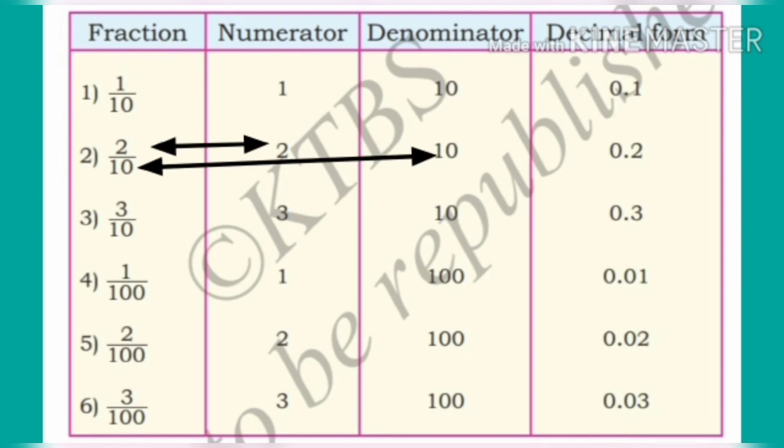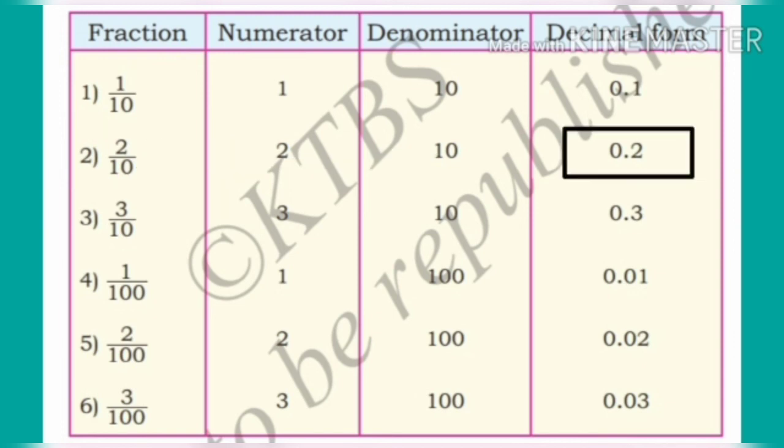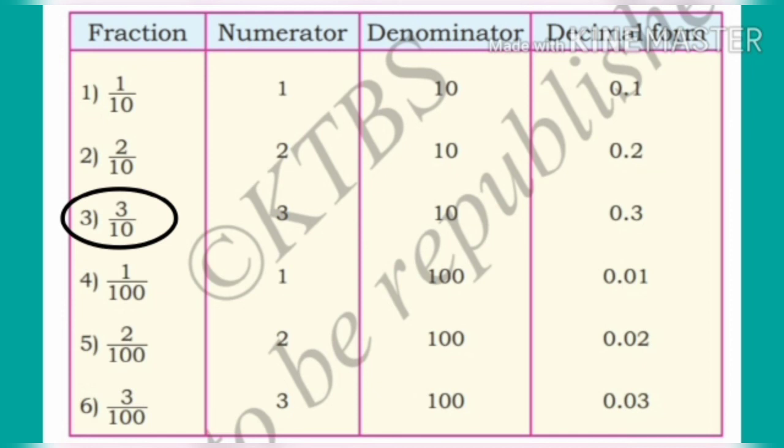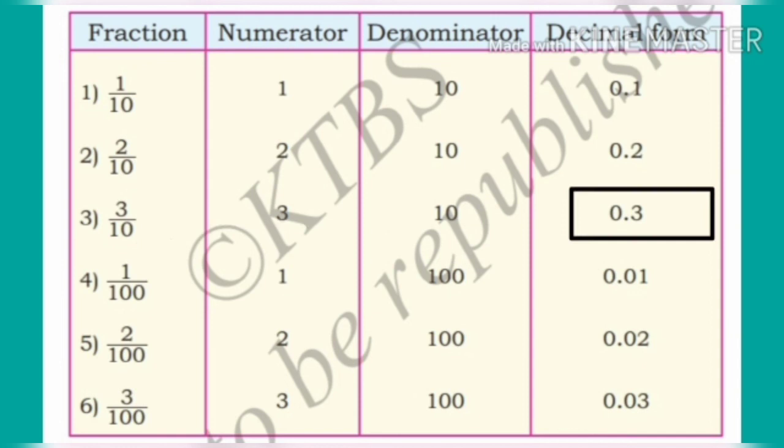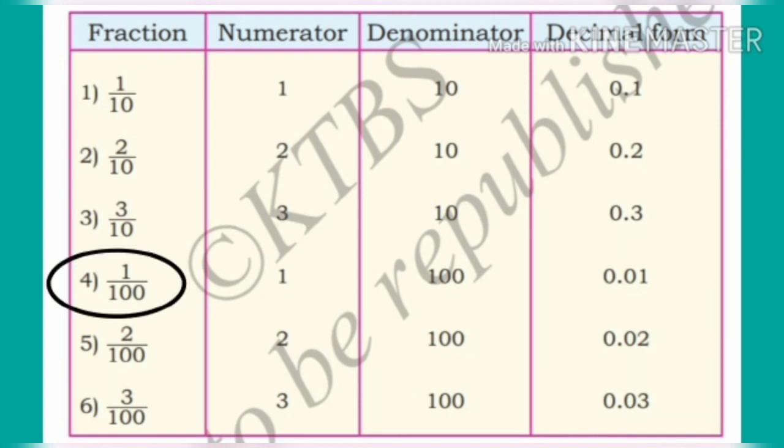It is written in decimal form as 0.2. Third one, here 3 is the numerator and 10 is the denominator. It is written in decimal form as 0.3.